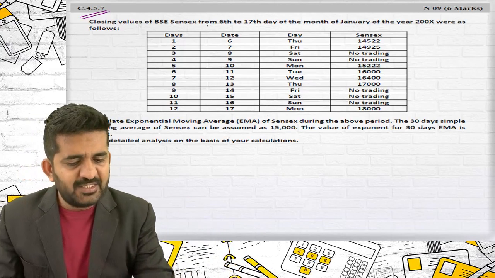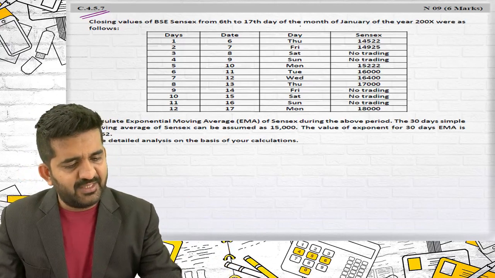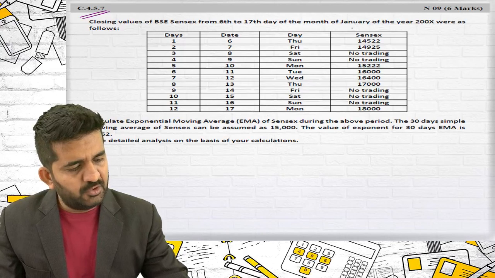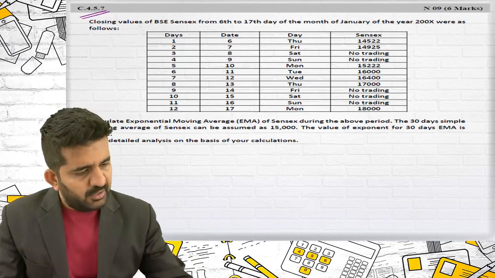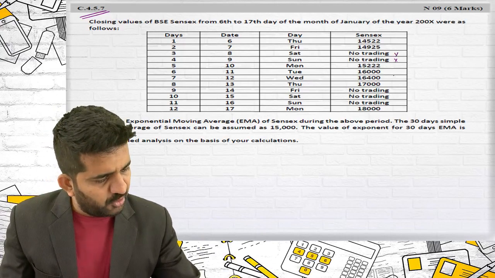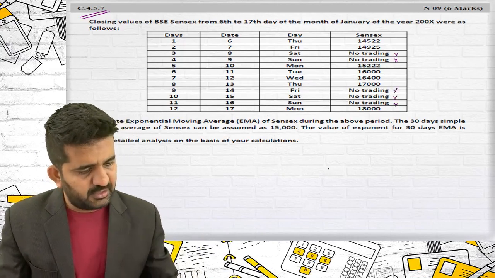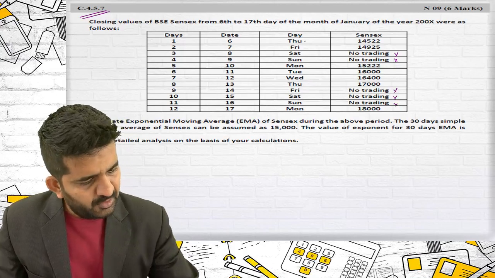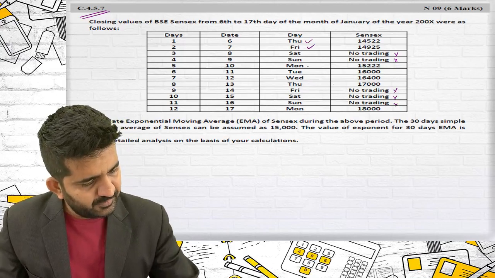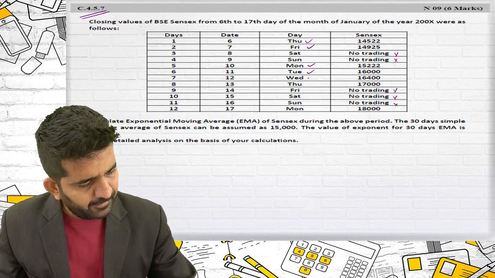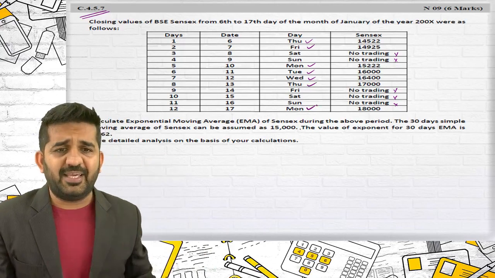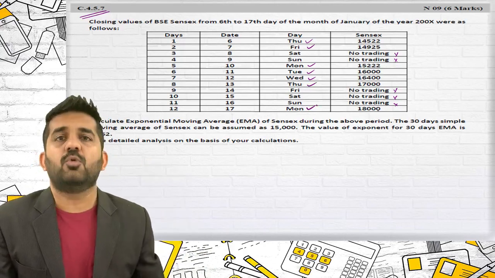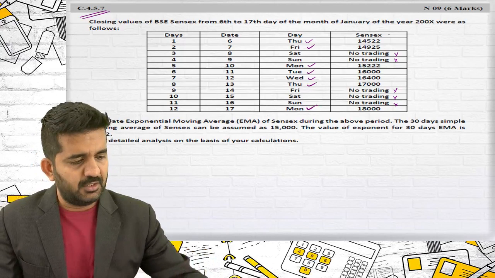Closing value of BSE Sensex from 6th to 7th day of the month of January of the year so and so were as follows. Now, when there was no trading, we are not interested in those particular days. So there was trading on this day, this day, this day, this day, this day, and this day. So we will be taking only those dates, and let me write down the closing price of that particular day.